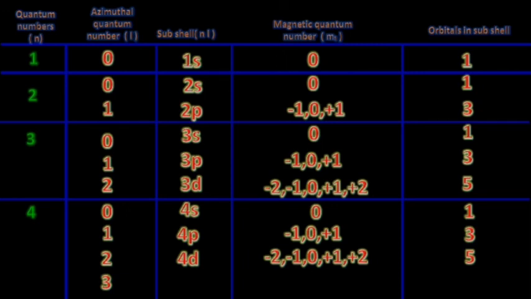While getting into L equal to 3, the f subshell shows 7 orientations ranging from minus 3 to plus 3 and can accommodate 14 electrons.